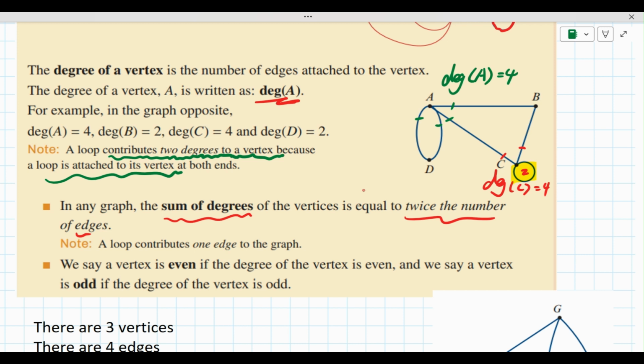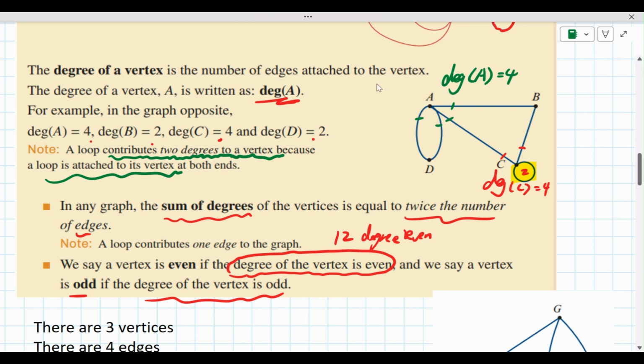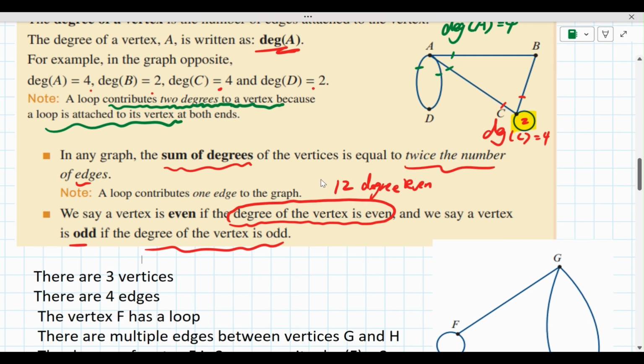In total, 4 plus 2 plus 4 plus 2 equals 12, which is twice the number of edges. We also classify vertices as even or odd: if the degree of the vertex is an even number, the vertex is even, and if the degree is odd, the vertex is odd. This is how we classify the graph and networks.